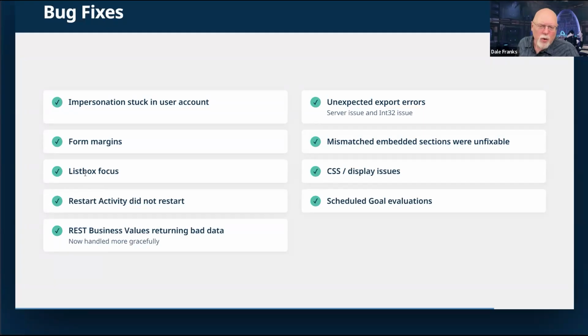List box focus. This was a tricky one because the focus was actually occurring, but you couldn't see it because of the way list boxes are rendered. List boxes are rendered inside a container that is not actually selectable. So when you use the set focus custom task to set the focus to a list box, the focus was actually being set.